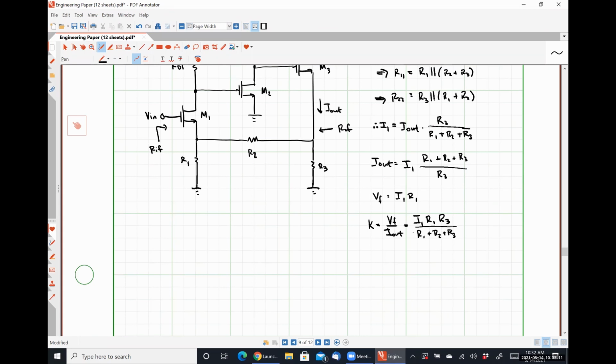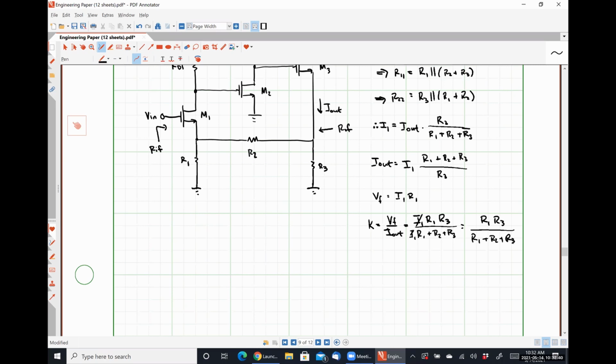And I should have a factor of I1 here as well. These cancel out, and I'm left with R1 R3 over the sum of R1 plus R2 plus R3. Everybody follow my logic for determining the feedback factor here? Choosing current division and Ohm's law and a tiny amount of algebra.